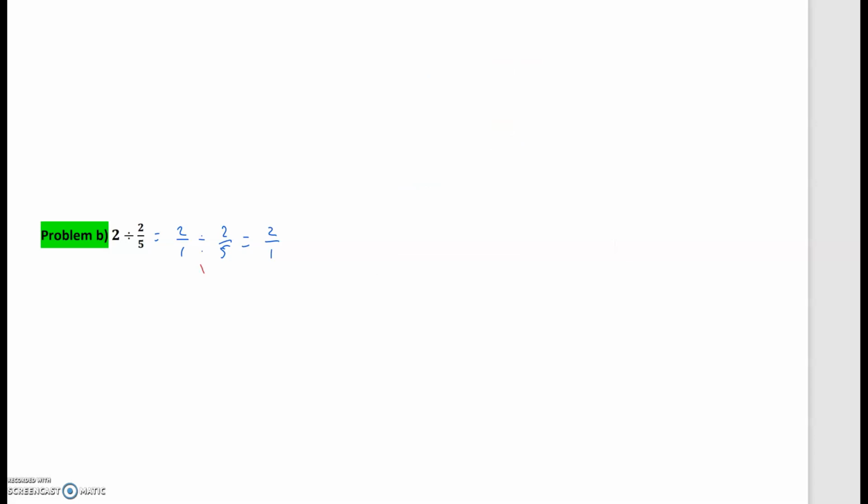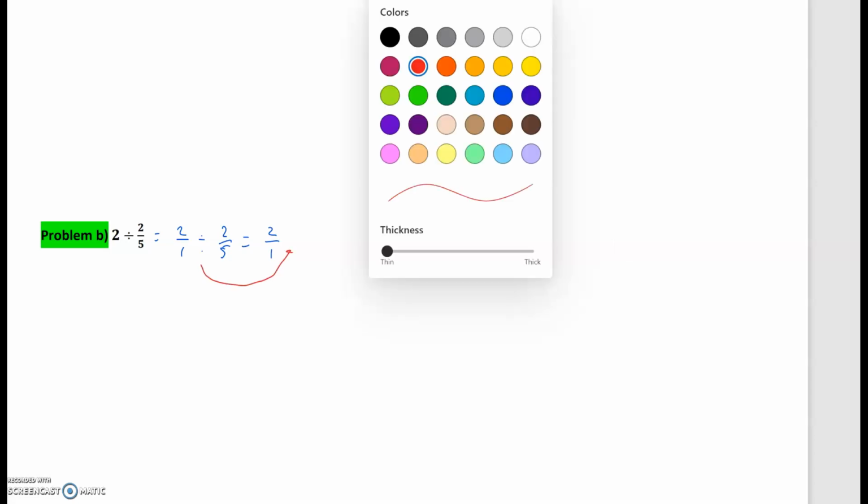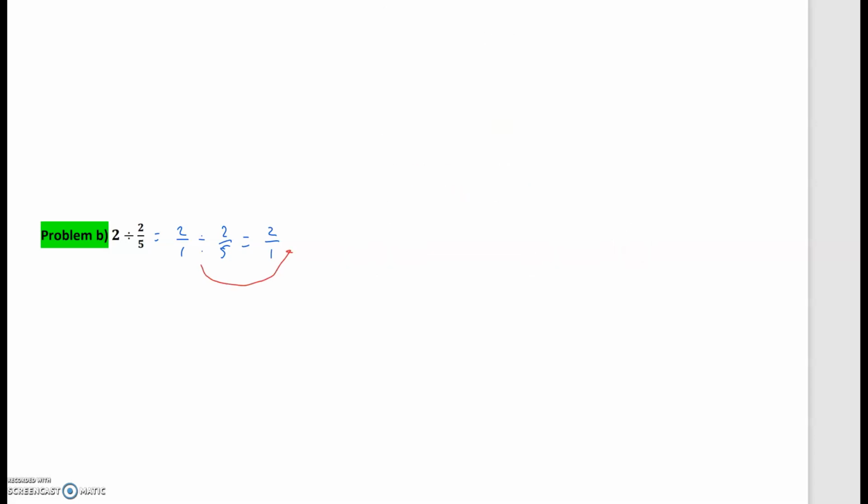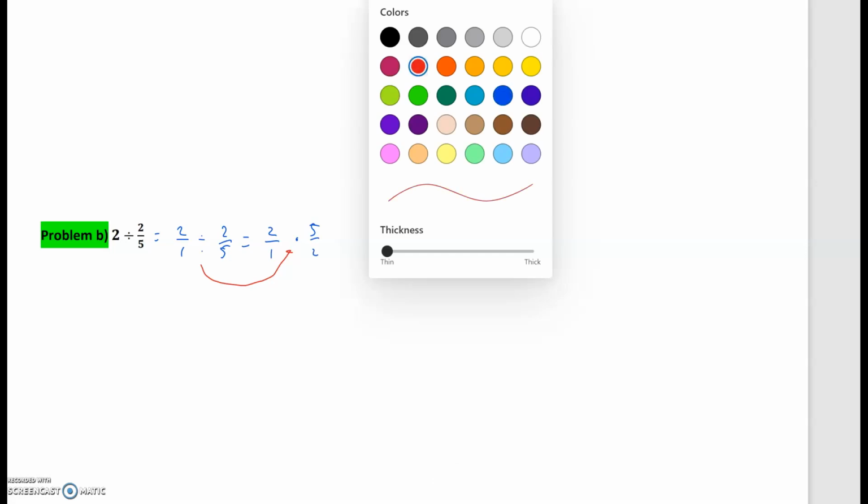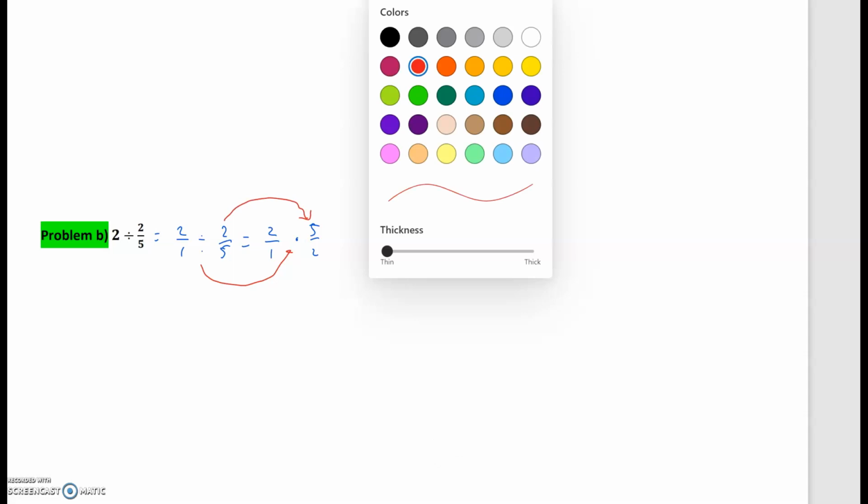So in this case, the division is going to switch to a multiplication, and then the reciprocal of 2/5 is going to be 5/2. So let me just show the reciprocal here. And at this point, we're going to multiply. So I'm just going to rewrite it as 2 times 5 over 1 times 2. Let me fix the numbers.